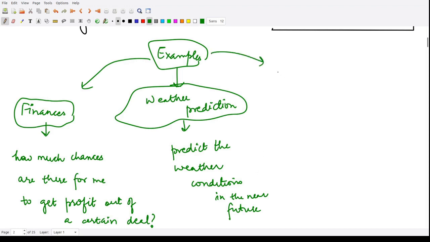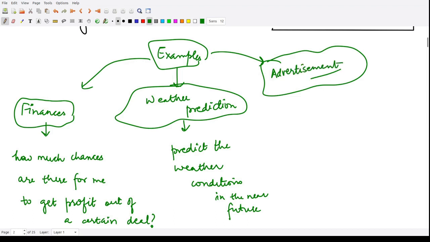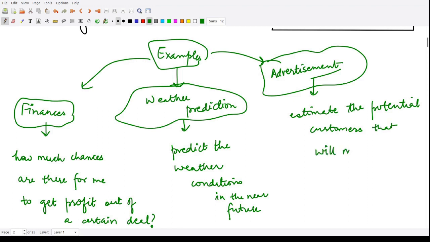Or if you are talking about advertisement, advertisement today is a very big industry. Lot of money is involved in advertisement. So here the role of probability is to estimate the potential customers that will more likely react positive, or we can say buy that particular product.